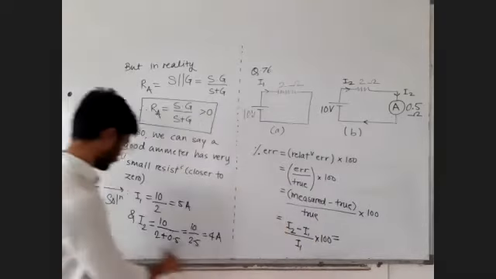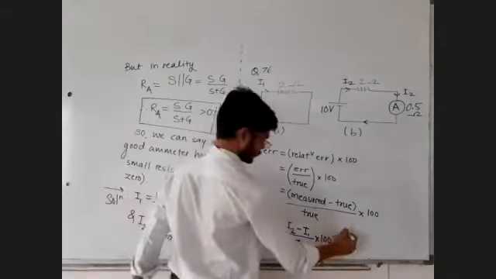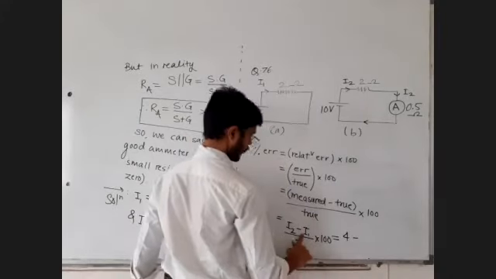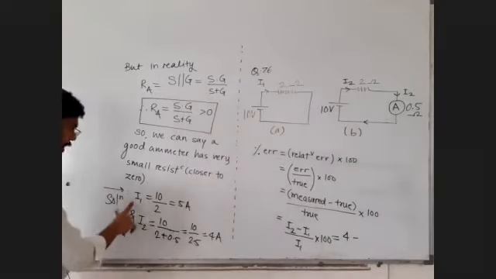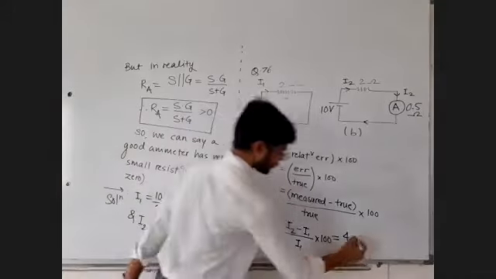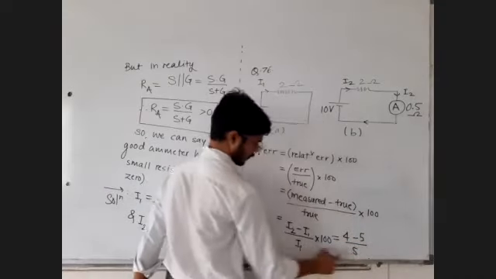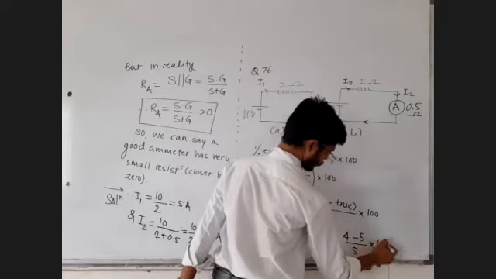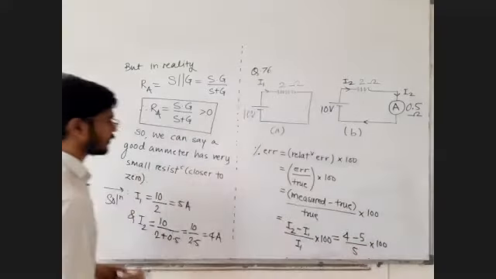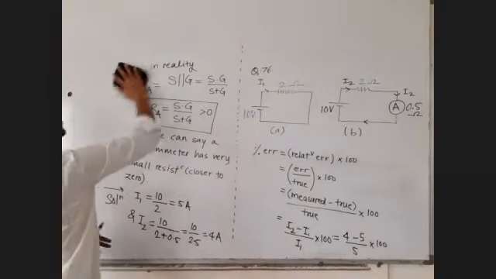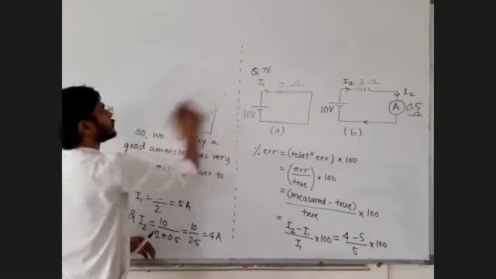Measured value I2 is equal to 4 ampere, minus true value I1, which is 5 ampere, divided by 5 ampere, into 100. That will give you the percentage error.